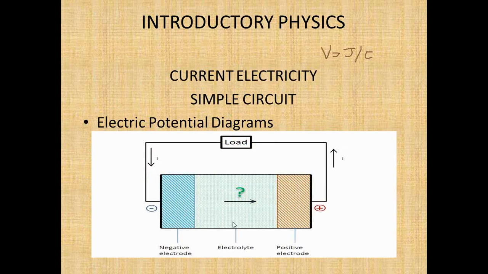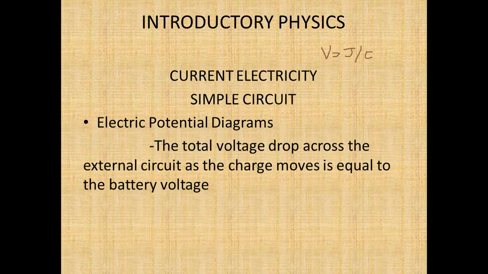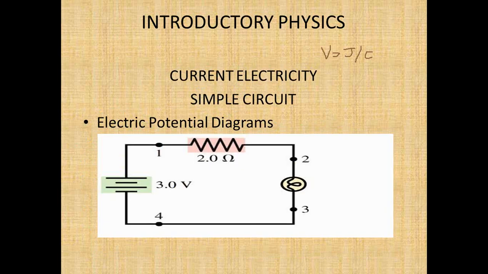So say for instance, this battery was 12 volts. When the charge moved from the high potential terminal to the low potential terminal, the voltage drop is going to be 12 volts. We'll get to that. Don't worry about that. So the total voltage drop across the external circuit as the charge moves is equal to the battery voltage. All right.